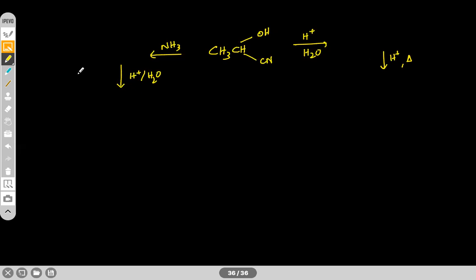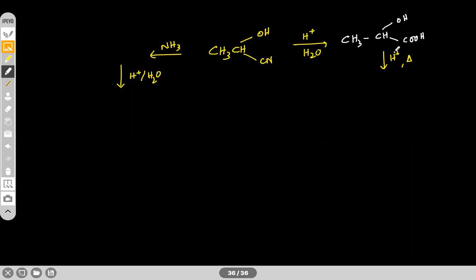So it goes under acidic hydrolysis, gives you acid. So this gives you CH3, CHOH as it is, and COOH.